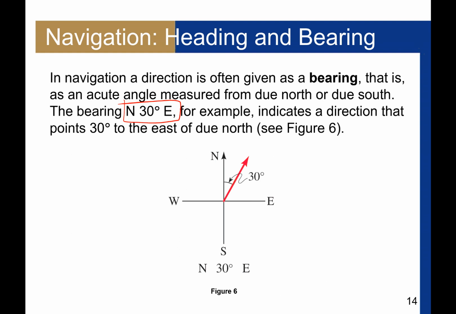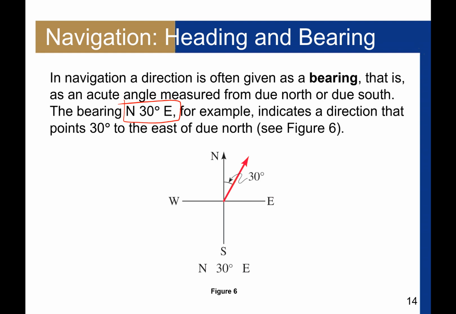That first thing they tell you there is either going to be north or south. The last thing they tell you is either going to be east or west. The middle is going to be an angle, almost always in degrees, telling you which way to go. So this bearing that you see there in figure 6, measured from due north, we're going to go 30 degrees to the east.